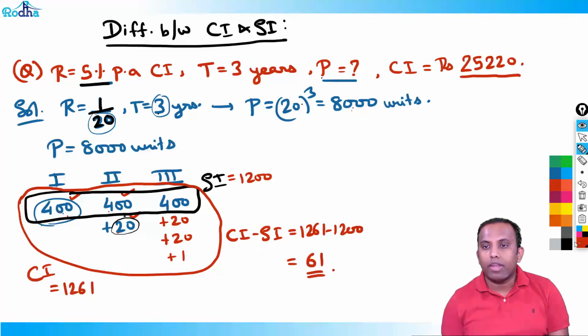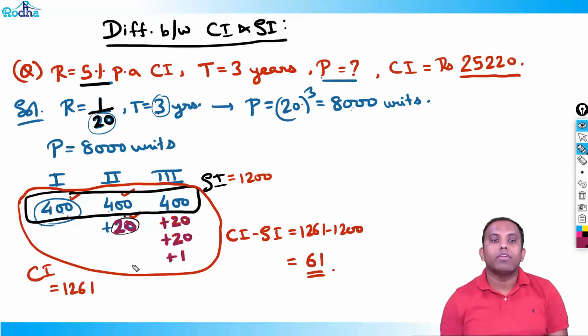Only 61, I am marking in this purple color. This 20 plus this 20 plus this 20 plus this one, this is 61, right? So we have set our data such that this 20 will always appear here.